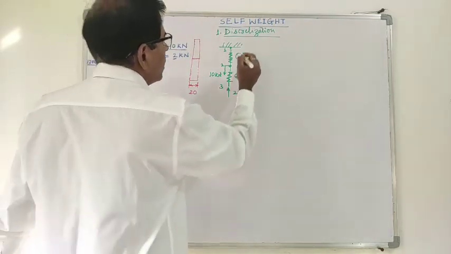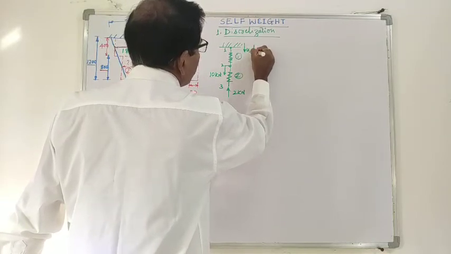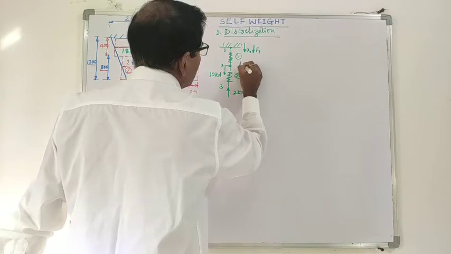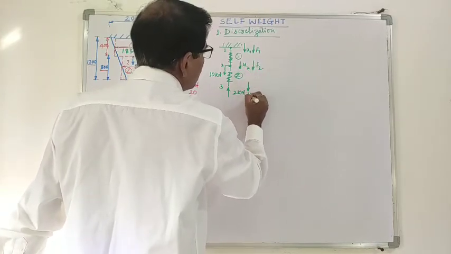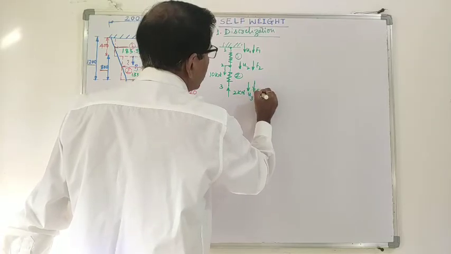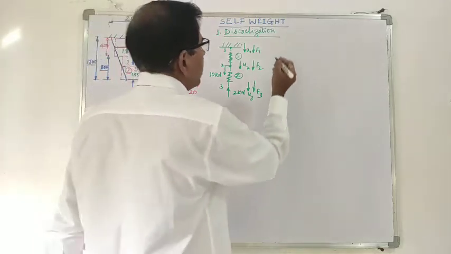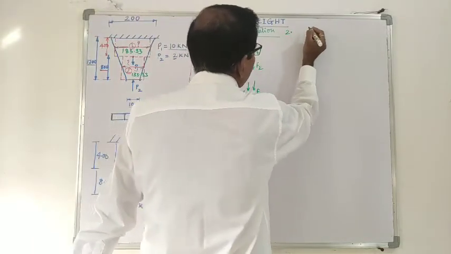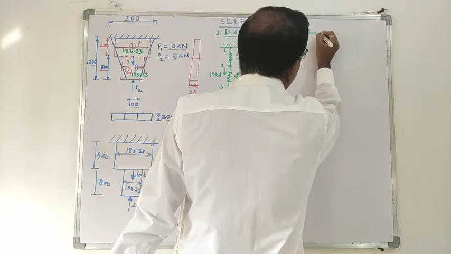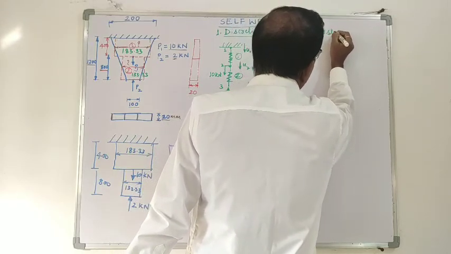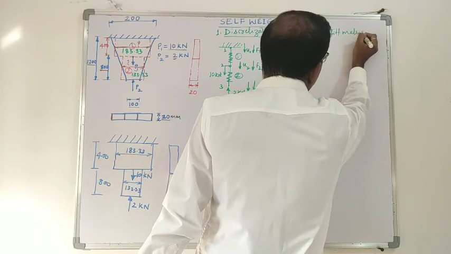Then this is U1, F1, U2, F2, and this is U3, F3. Okay. So this is a discretization, and then we apply the element stiffness matrix.